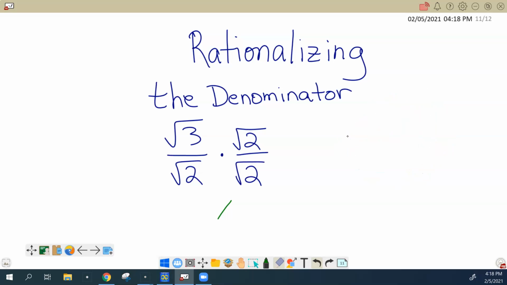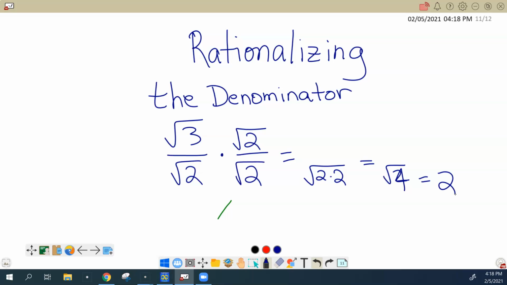So let's try this. When you multiply a radical by itself, it undoes the radical. But we can even do it longhand to prove it to you. This root 2 times root 2 is the same as root 2 times 2, which is the same as root 4, which is the same thing as 2.